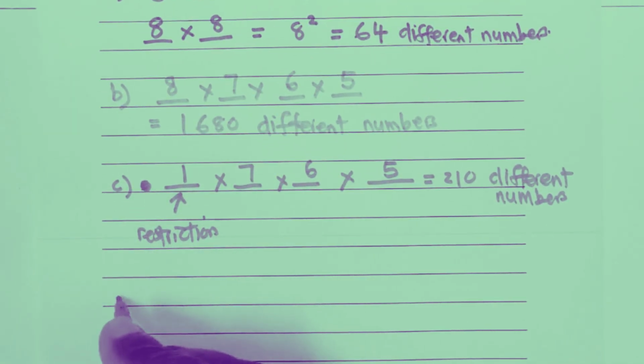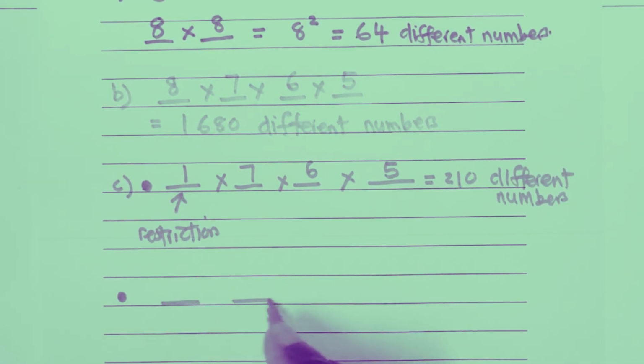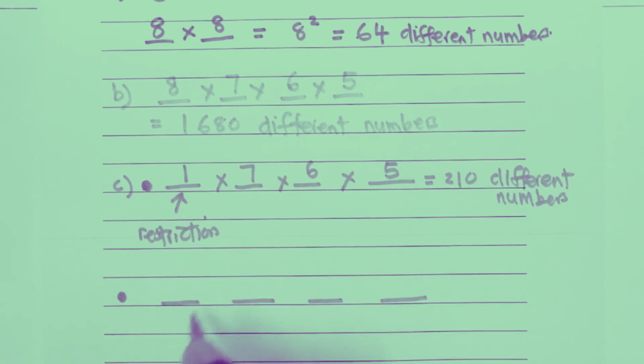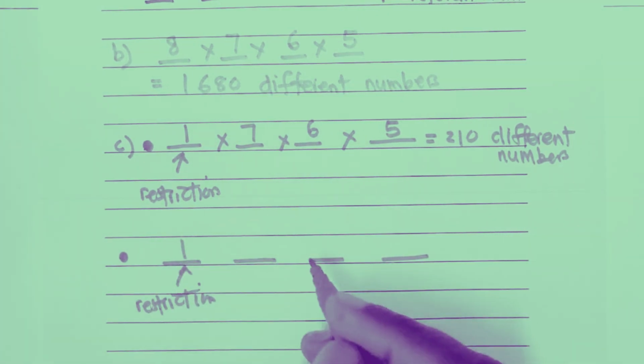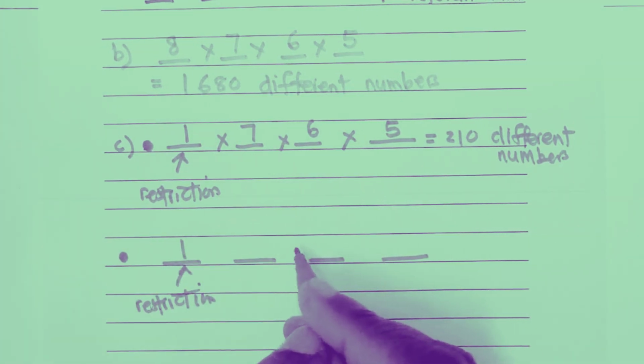If we look at the second option, where repetition is allowed, again, I'm going to have 4 digits. But for the first digit here, I'm going to have a restriction. It can only start with a 4. So there's going to be one way. But in this case here, repetition is allowed.